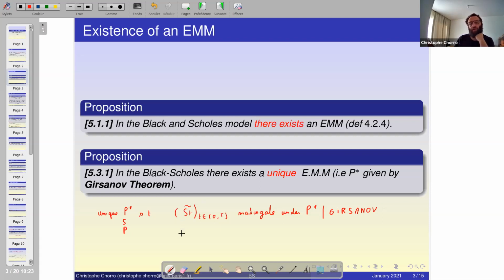And what is more, and what is nice in the Black-Scholes model, is that I perfectly know the dynamic of S_T and so of S_T tilde under P star.